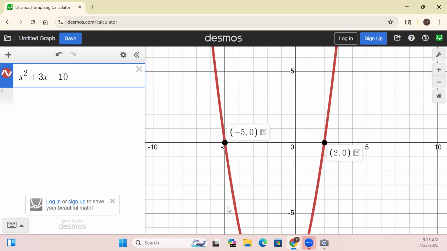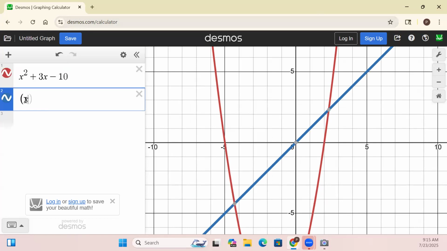That happens when x equals -5 and when x equals +2. Which is very similar to the factored form. When I factored this, I got x plus 5 and x minus 2. Exact same function because factoring doesn't change whether it's the same function. The x-intercepts of this function are the opposite of what you see when you factor it.